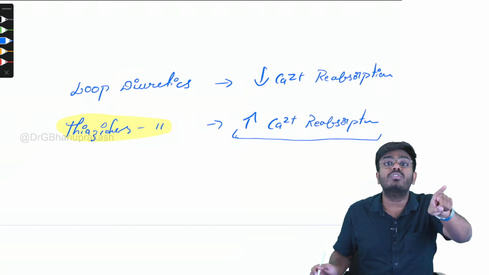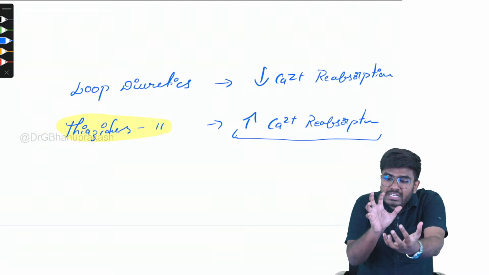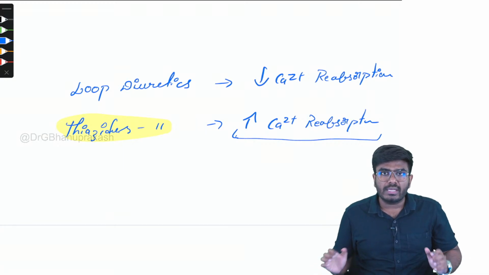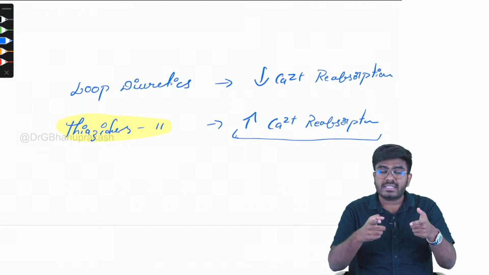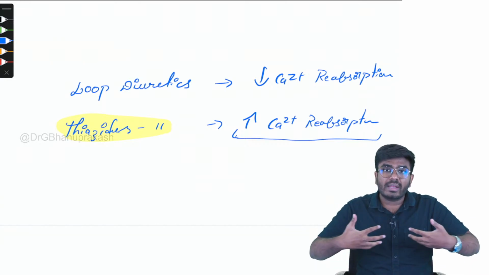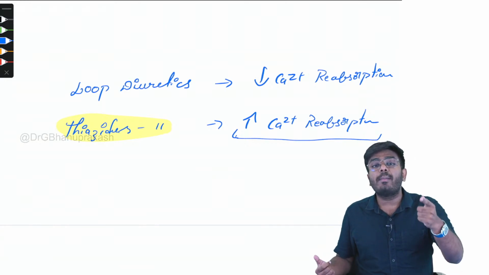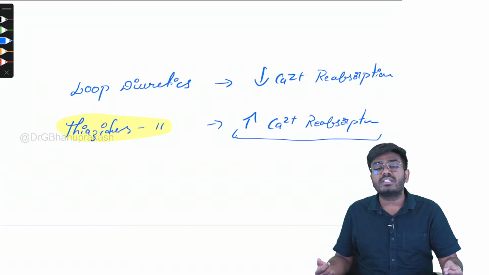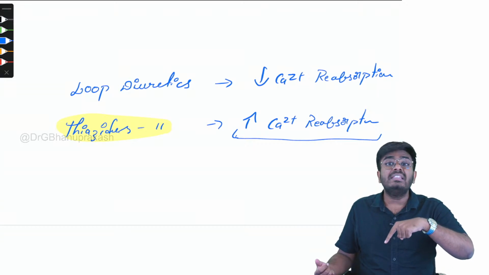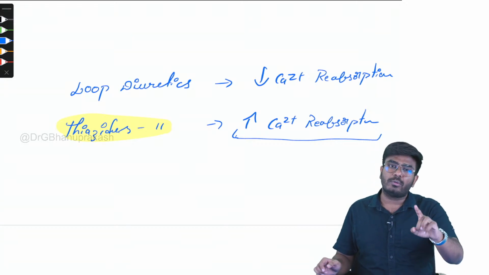If calcium goes into the urine, it will precipitate and form stones. But if you use thiazide diuretics, the nephrons will reabsorb more and more calcium. If more calcium is reabsorbed, what happens to the urinary concentration of calcium? It will decrease. So the incidence of stone formation is going to decrease.